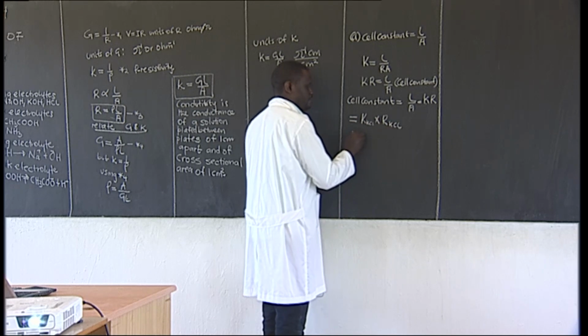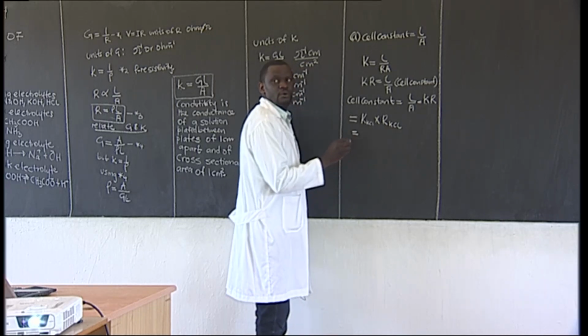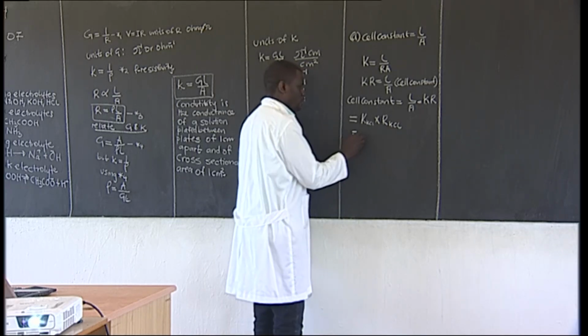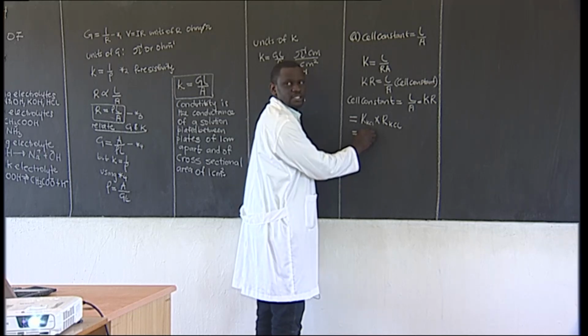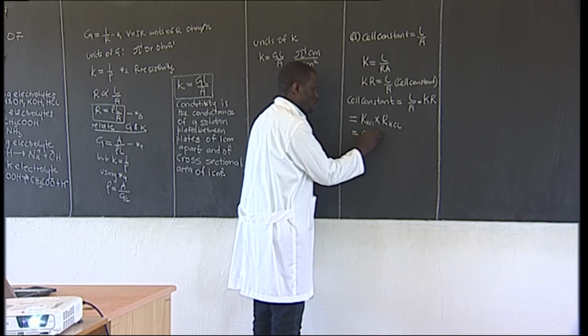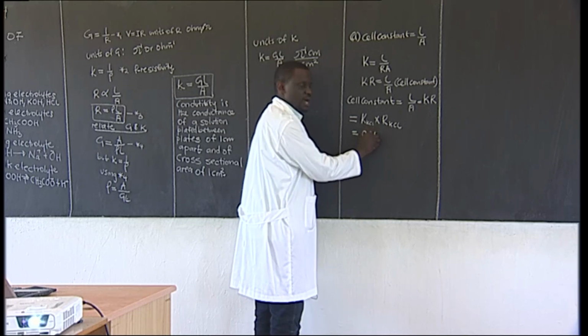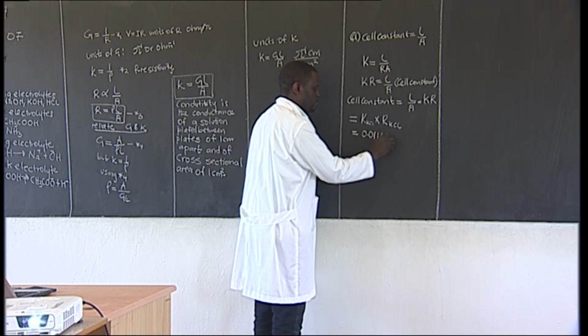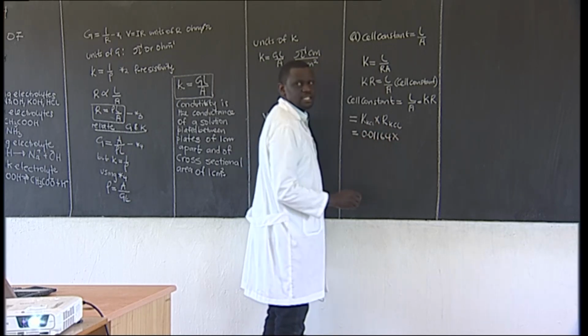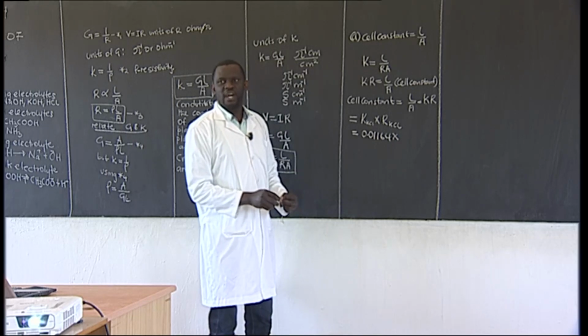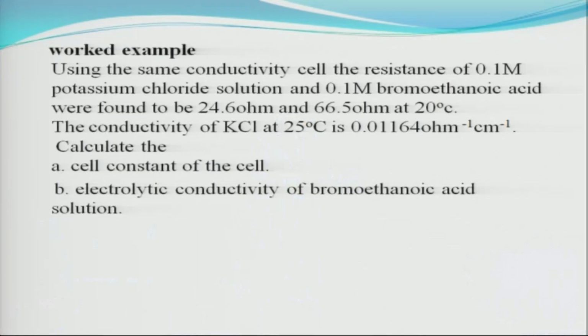So we shall have 0.01164 times the resistance, which is actually 24.6.